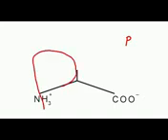So there, a big P for proline, and we know it's going to be a 5-membered ring. Let me switch colors. We have one member, two member, the third member. So we just need two more to form a 5-membered ring. So we'll put one here and one here, and there we have proline.